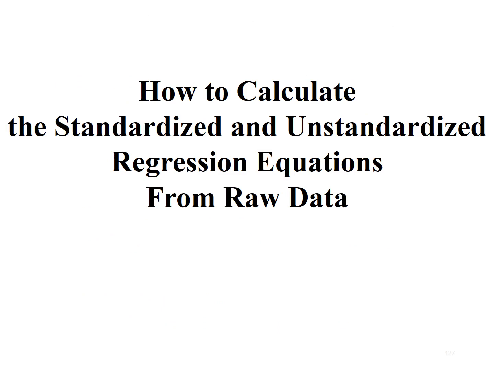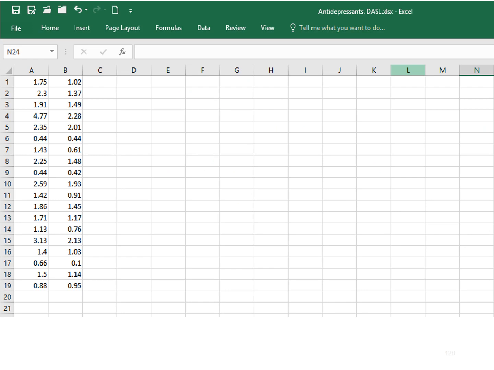Okay, so now let's talk about how to calculate the standardized and unstandardized regression equation from raw data. The raw data is the actual data of the x and the y variable. So imagine this is an x variable and this is the y variable. Okay, so this would be the raw data for x and y.